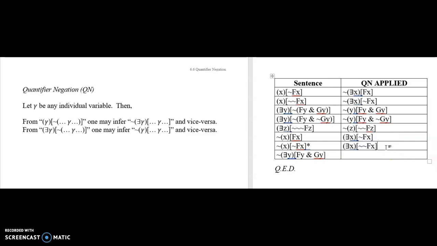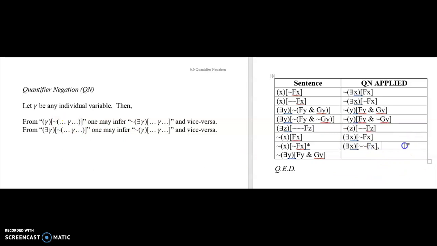So either way is absolutely fine, and notice they will get you to the same place. So for example, what I did here was I went from the outside to the inside, and it left me with the two negations. But if I had gone from this one to the other one, I would get this right here.